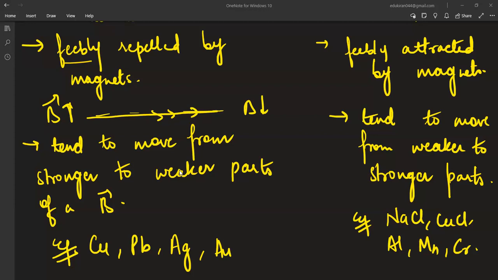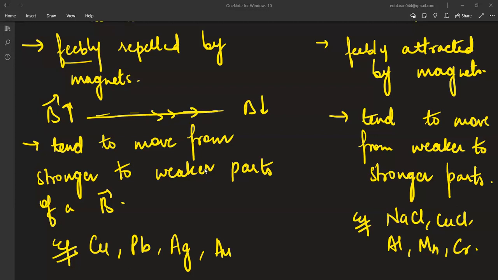So when I say it tends to move from stronger to weaker parts of magnetic field, we are talking about the magnetic field lines. This you're asking, no? This is correct. In diamagnetic substances, yes, you're right. Magnetic field lines will tend to move from stronger to weaker parts of magnetic field. We have the broader aspect as magnetic field. There we'll be having some regions which will be located closer to each other.